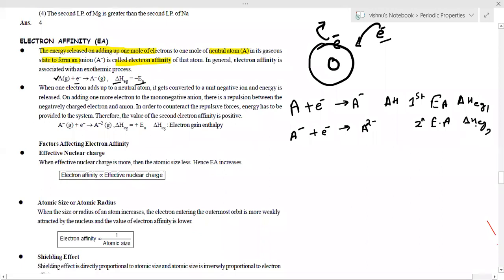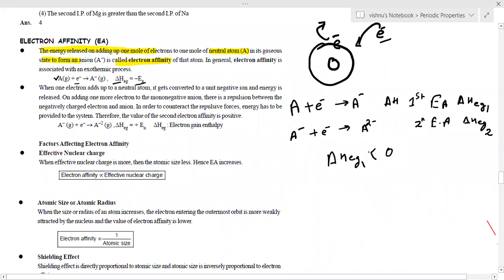So for the first electron gain, it is delta HEG1, and for the second electron gain, it is delta HEG2. So I'm saying that delta HEG1, the first electron gain enthalpy, will be mostly negative, except for some exceptions.